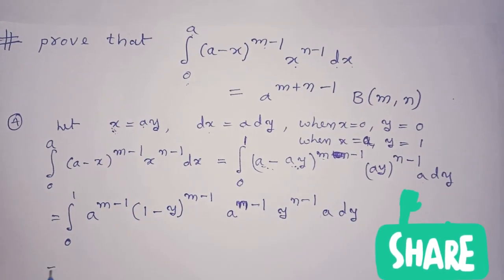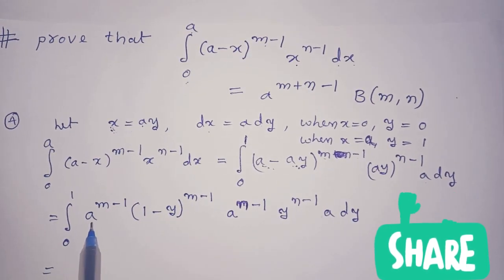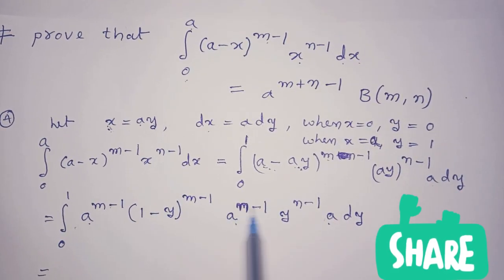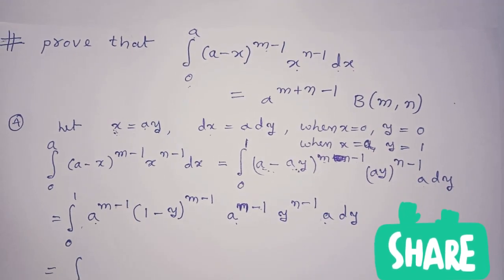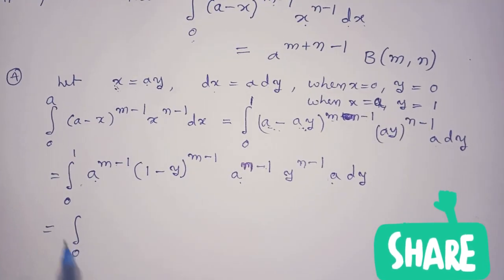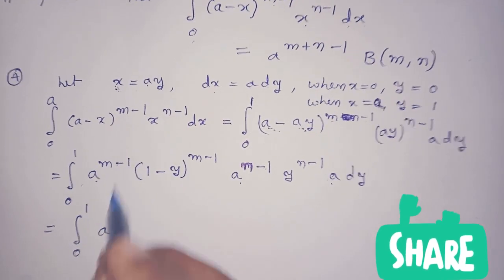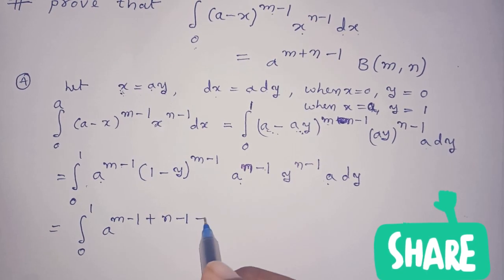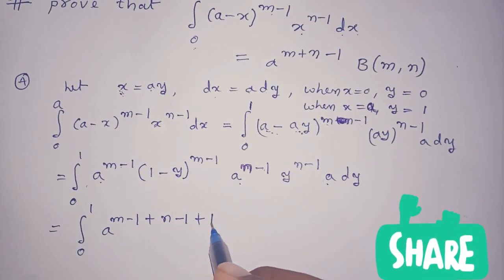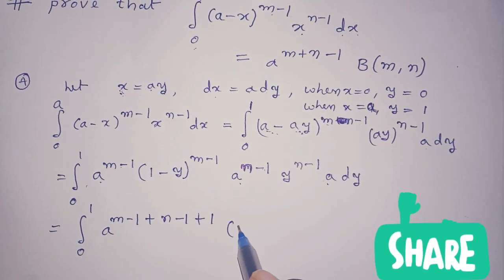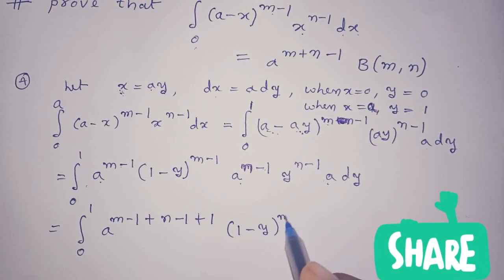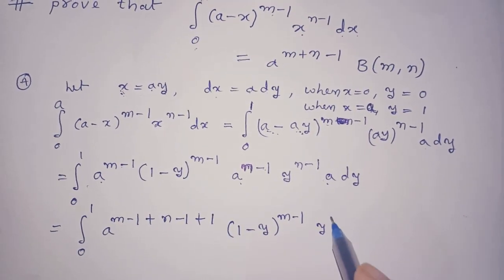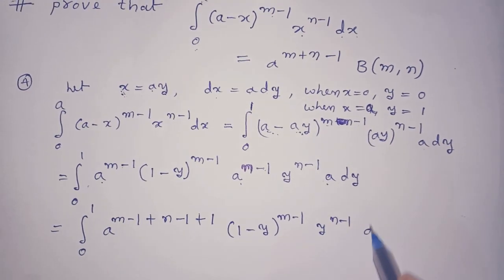Okay, now here the base is a. Bases are equal, therefore we have to add powers, that is the integral within limit 0 to 1 of a to the power of m minus 1 plus n minus 1 plus 1, into 1 minus y to the power of m minus 1, into y to the power of n minus 1 dy.